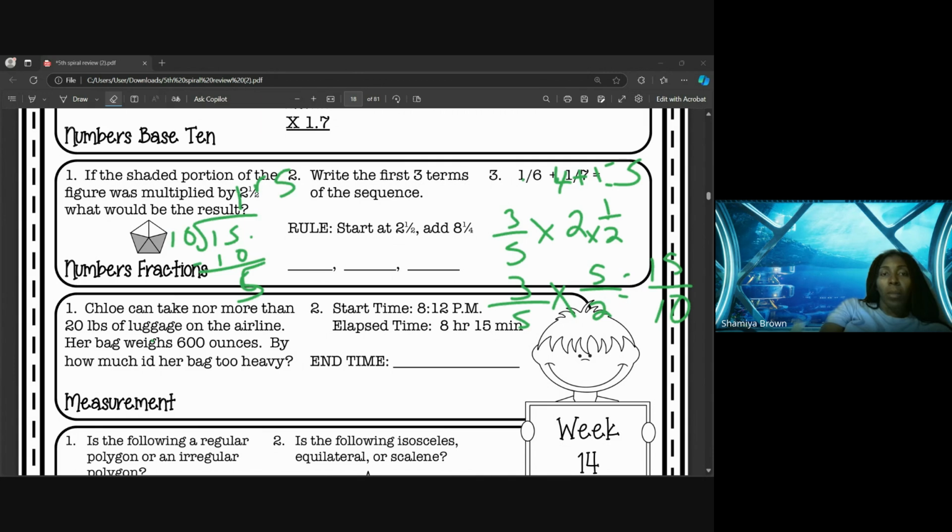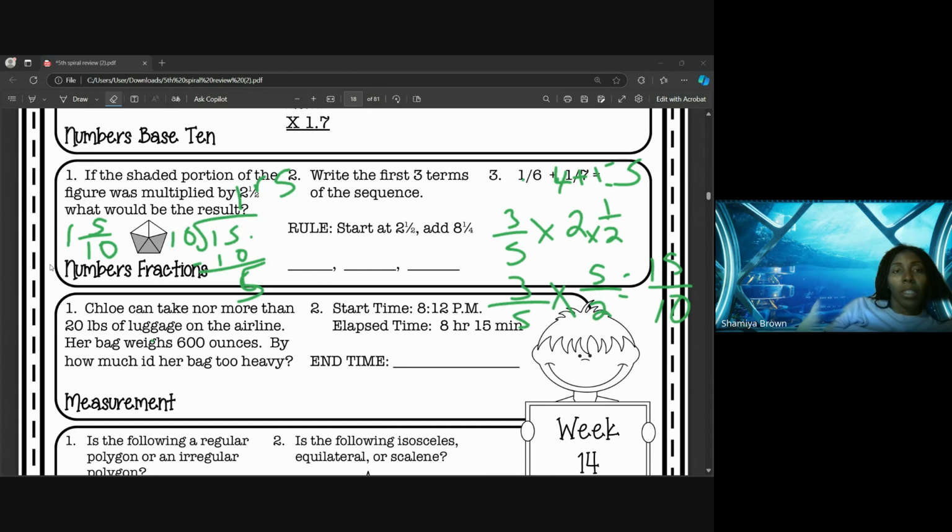So 1 is going to be my whole number. 5 is going to be my numerator. 10 is going to be my denominator. But I can simplify 5/10. And if you know that, you know 5 is half of 10. So this fraction is equivalent to a half.